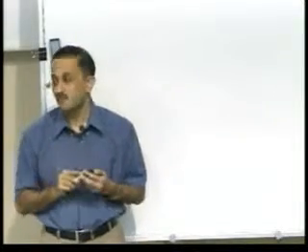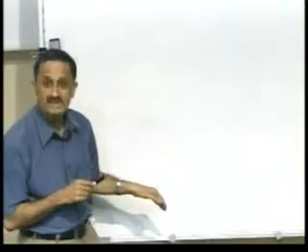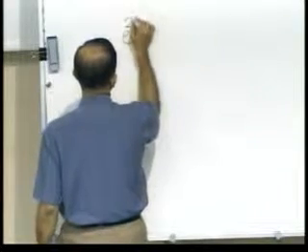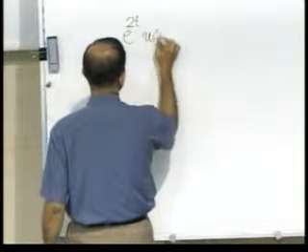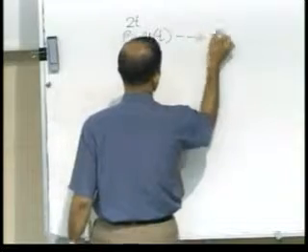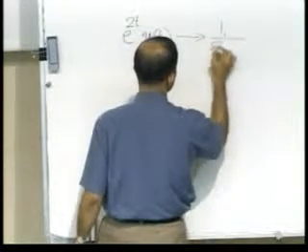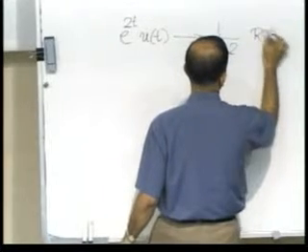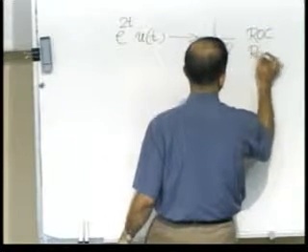But let us go over an example still, and let us also bring out a parallel example for the z transform. So let us go back to the example of e raised to the power of 2t u(t). We already know its Laplace transform, which is 1 by s minus 2, with a region of convergence real part of s greater than 2.